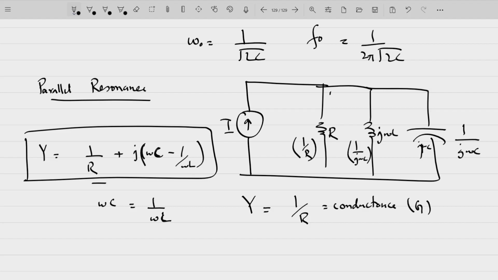We'll say resonance has occurred in a parallel RLC circuit.